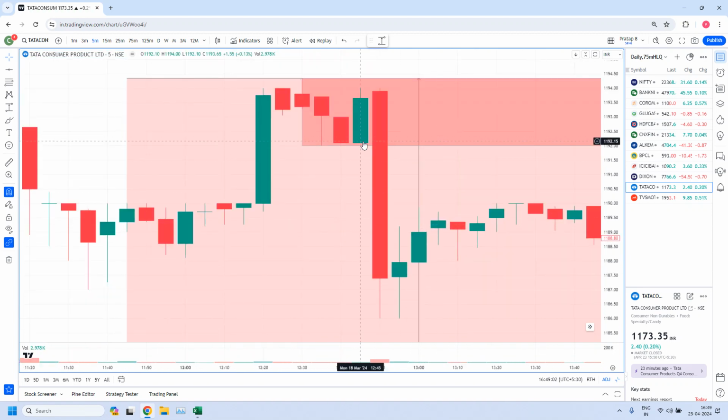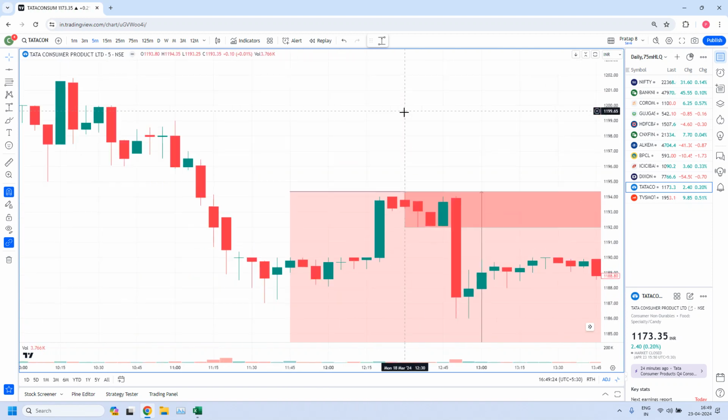See the structure here also. This is a medium size candle, okay, part of the base. But see, this is a large candle. Structure is again not good at all. Rally, base, rally and again drop. So somehow I'm not comfortable with this structure.